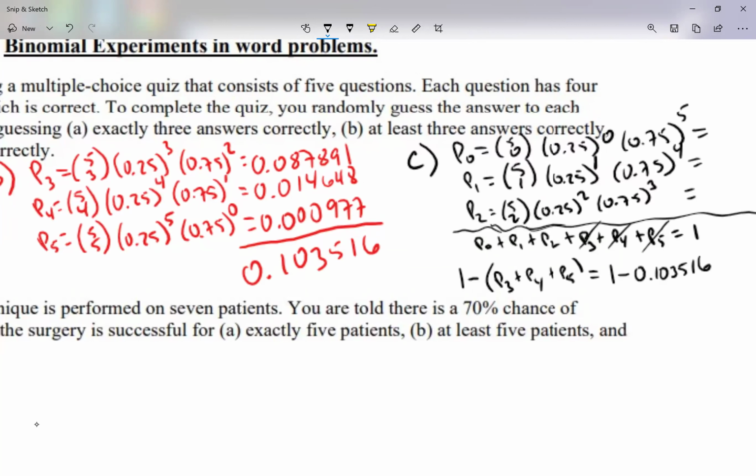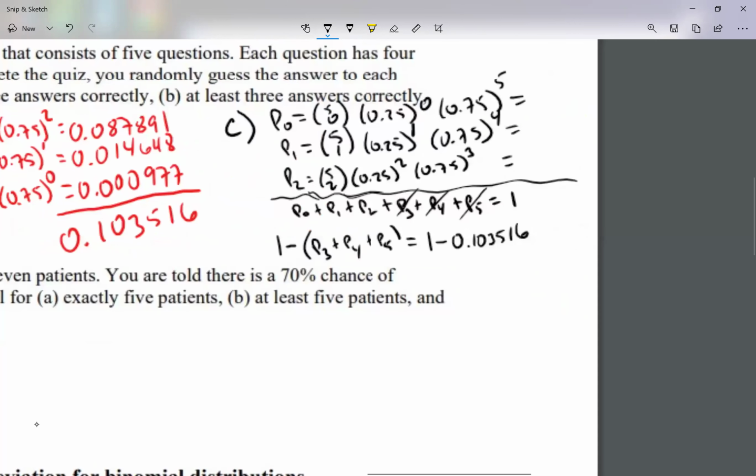You guys might be wondering, wait a minute, where did this decimal come from? Isn't that what we did on part B? We did probability of 3 plus probability of 4 plus probability of 5. We added them up. So I'm just looking at what's 1 minus 0.103516.